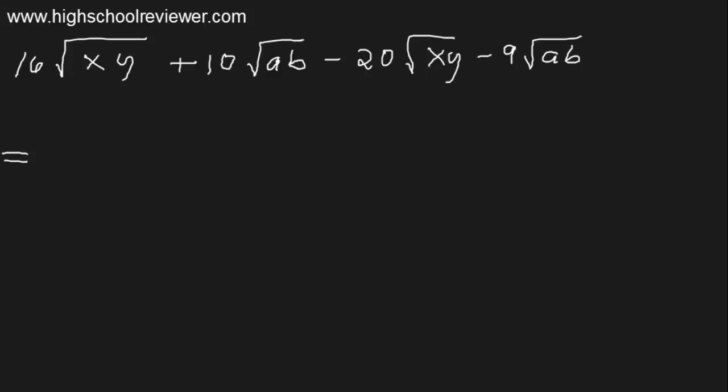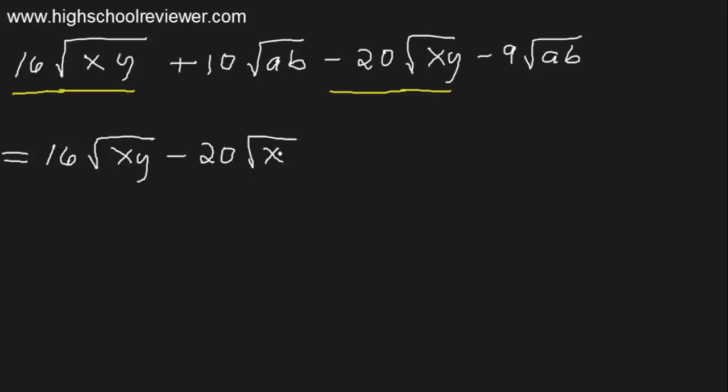First is the radicand xy. We have 16 square root of xy and minus 20 square root of xy. So we can combine this directly. We can have 16 square root of xy minus 20 square root of xy.